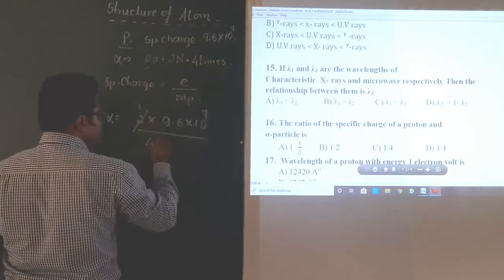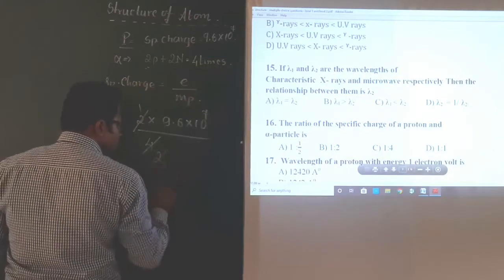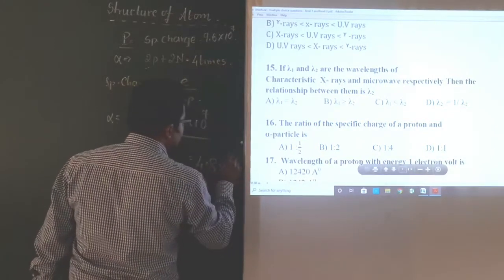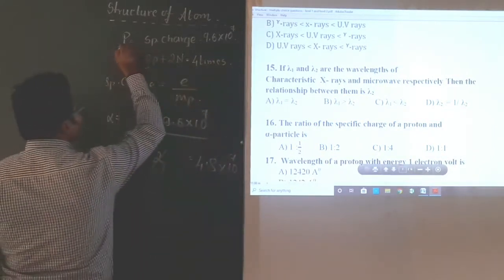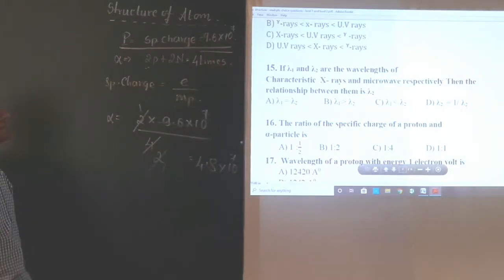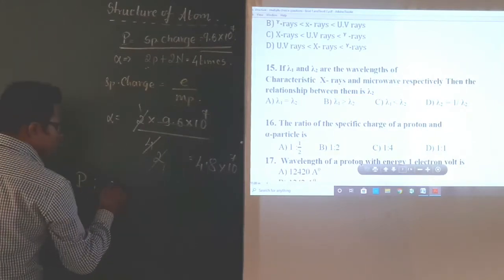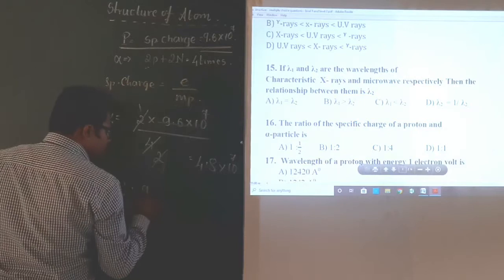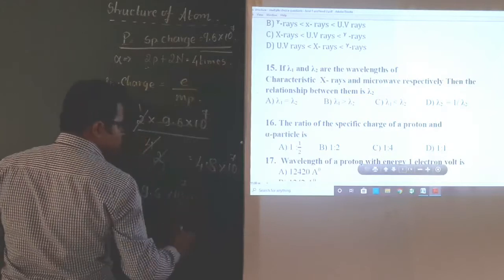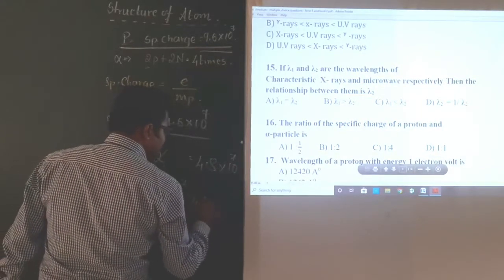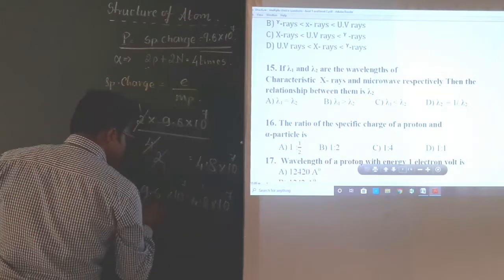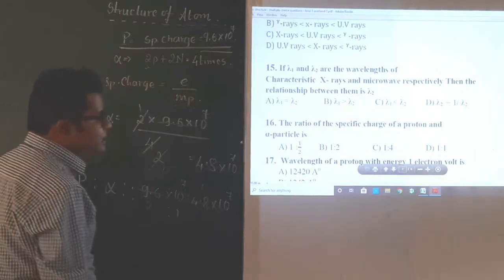So it is going to be around 4.8 into 10 raised to 7. I know that the specific charge for proton is 9.6 into 10 raised to 7, so proton to alpha particle is 9.6 into 10 raised to 7 to 4.8 into 10 raised to 7. So 2 is to 1 will be the ratio.